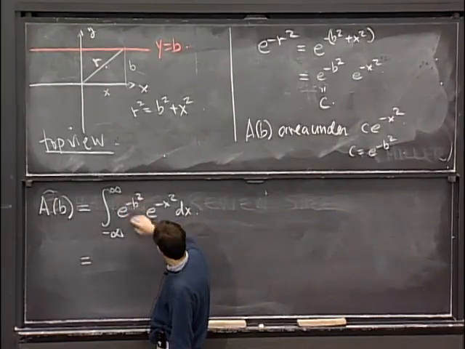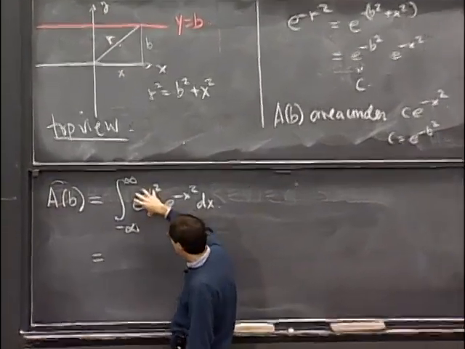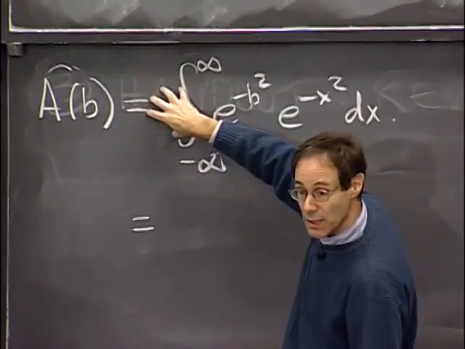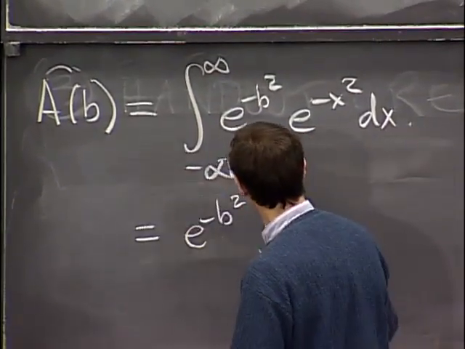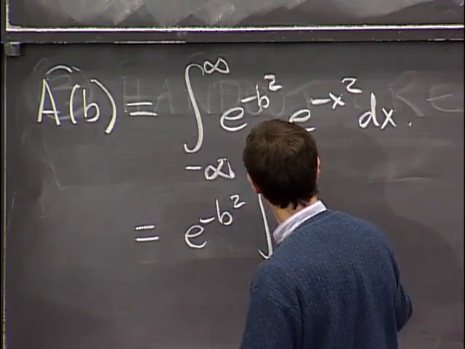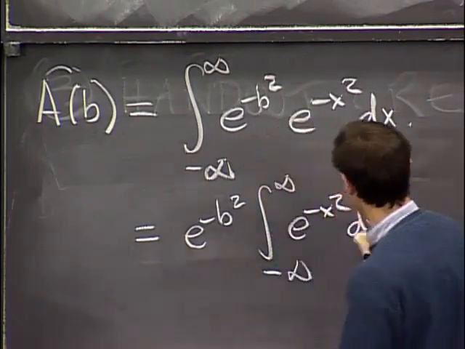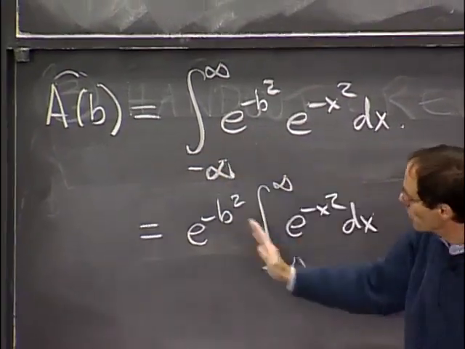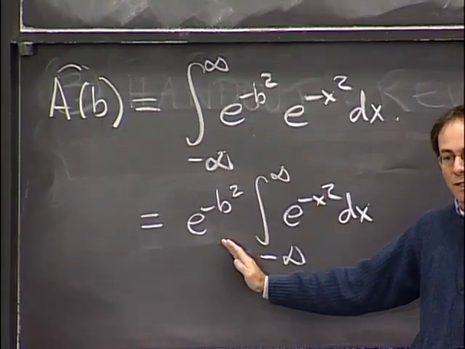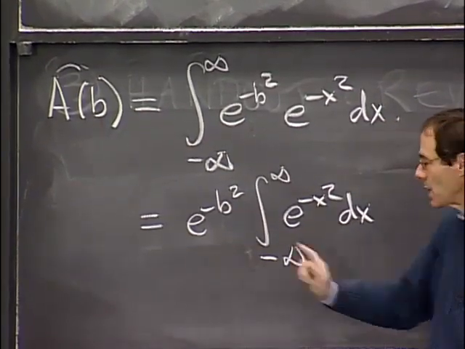This is a constant. It's not varying with x. So I'm going to factor it out of the integral. This is e to the minus b squared times the integral from minus infinity to infinity of e to the minus x squared dx. So this might look frightening, but actually it's just a property of an integral. All integrals have this kind of property. You can always factor out a constant.